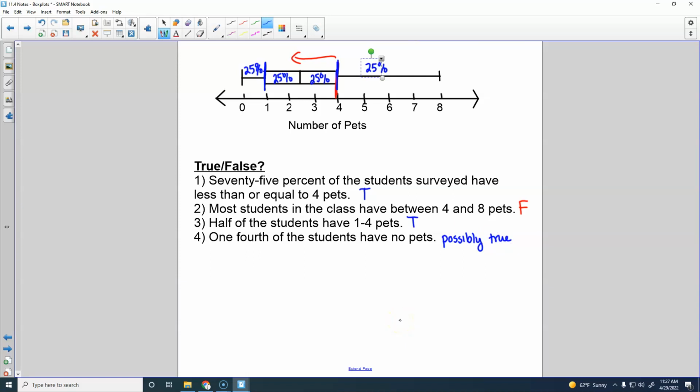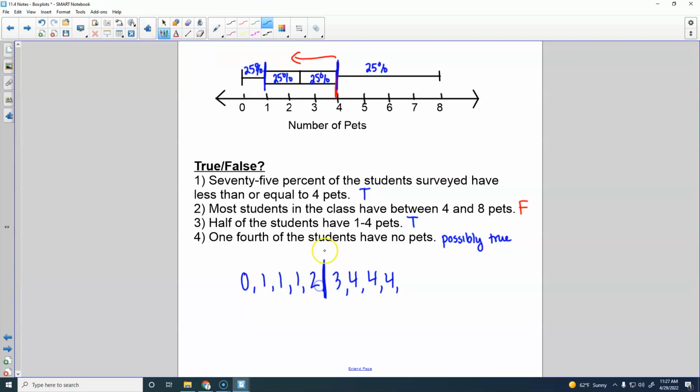But think of how you find quartiles. So if our data looks like this, 0, 1, 1, 1, 1, 4, 4, 4, 4. I need a 3 somewhere. Let's say our data looks like this.